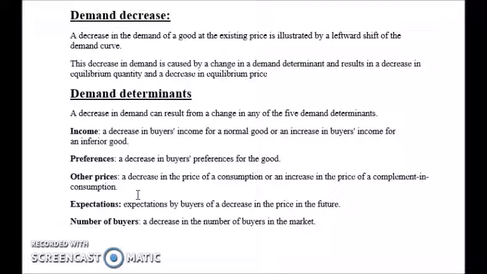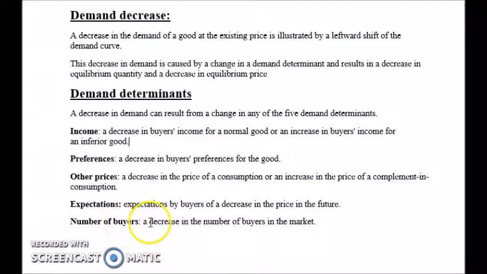Other prices is a negative relationship. As other prices increase, demand for this specific good will increase. So it's actually a positive relationship, because as the price of, say for example, Coca-Cola increases, the demand for Pepsi will increase as people move away from buying Coca-Cola, as they are essentially substitutes.